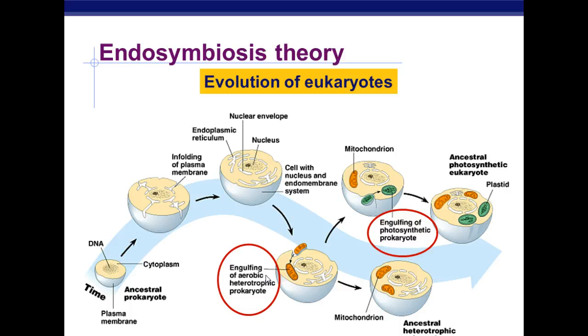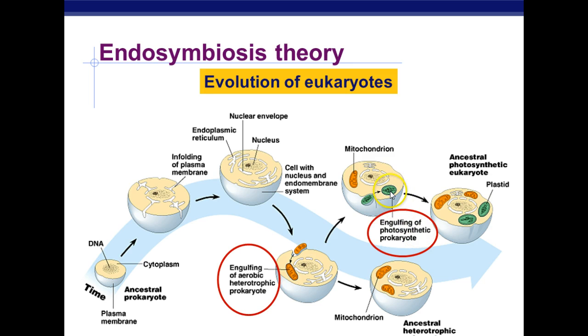Now, in step 4B, label this as 4B, this heterotrophic cell now engulfs a photosynthetic prokaryote. So remember, photosynthesis is the ability for an organism to convert light, photo means light, into glucose and energy.